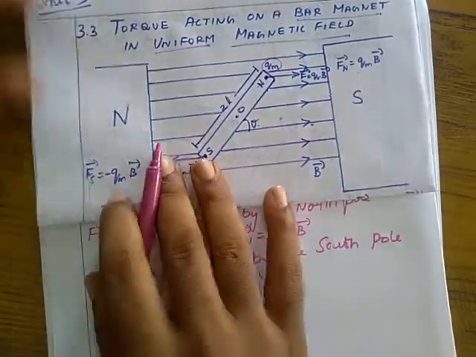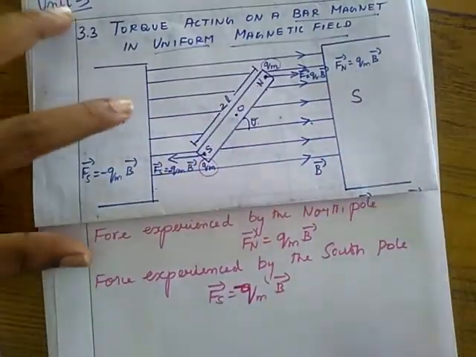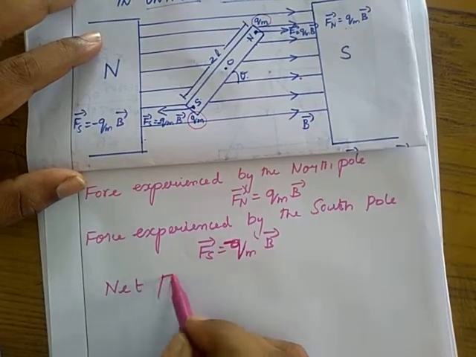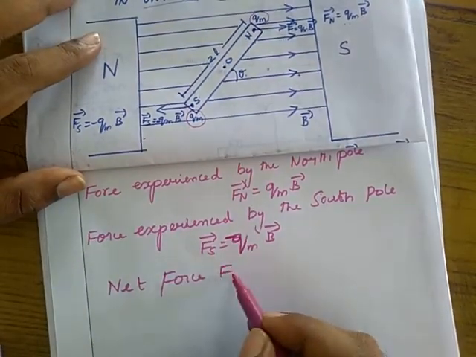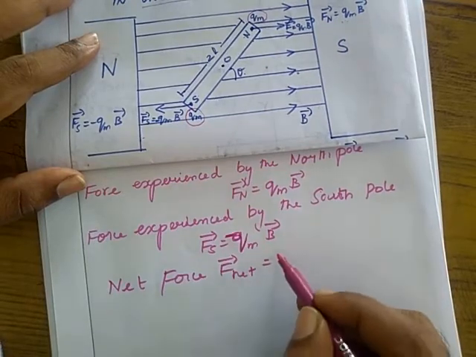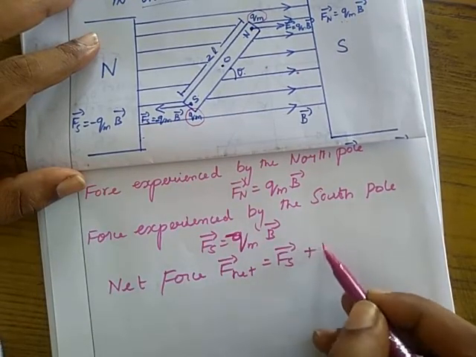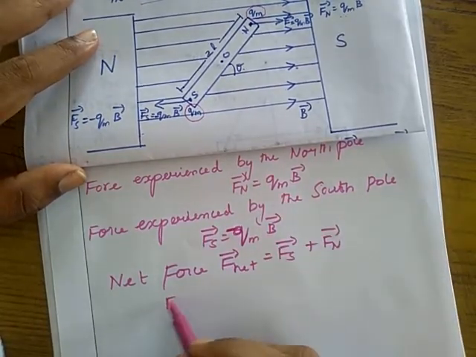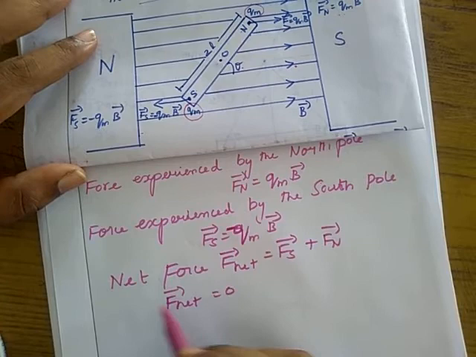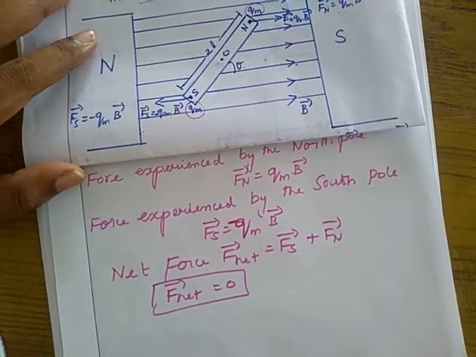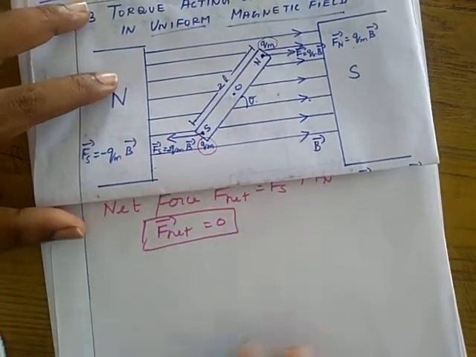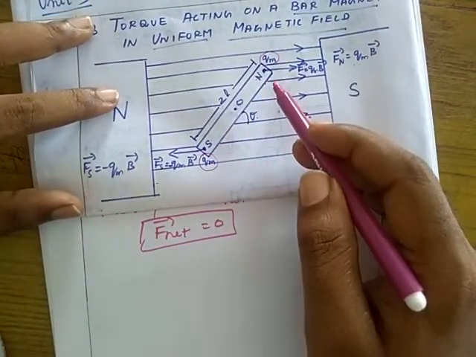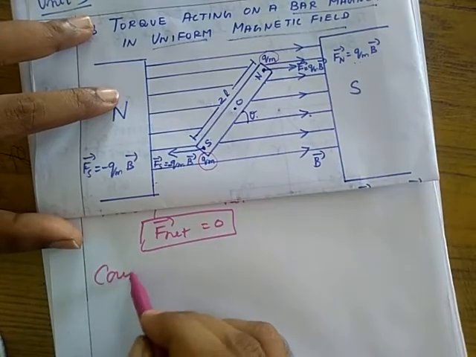Then in order to calculate the total force on the bar magnet, the net force F net vector is equal to Fs vector plus Fn vector. They are equal and opposite, so the net force will be 0. But the two forces acting in opposite directions constitute a couple.